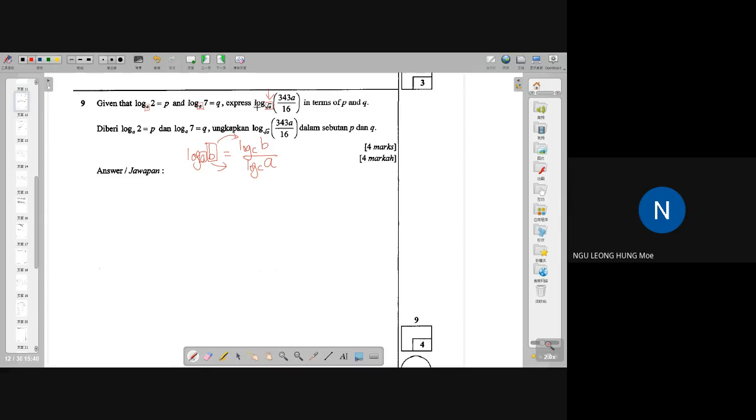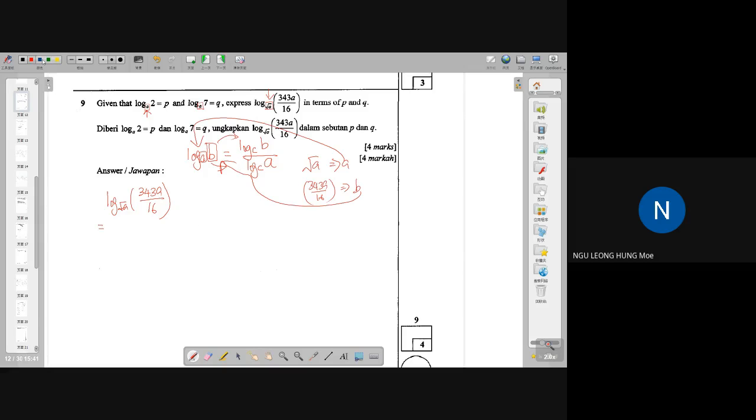Okay. So log ini 343A over 16 will be, okay, sebab yang dia bagi base ini A, so kita tukar kepada A. Kita tengok now square root A ialah A di sini, and 343A over 16 ini adalah B di sini.